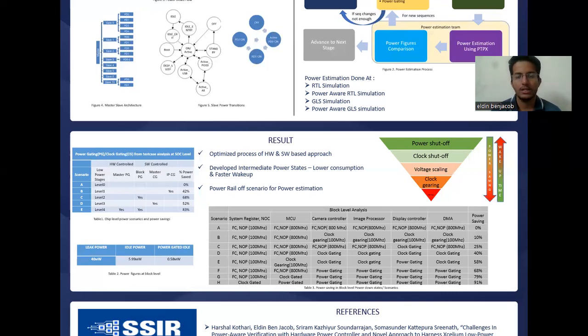But nowadays, since we have a lot of power rails and individual power rails can be powered off for feature control, we are going ahead with the process of power rail off scenario based power estimation also. These are some of the power estimation scenarios or stages, and the power savings obtained from the particular simulations.